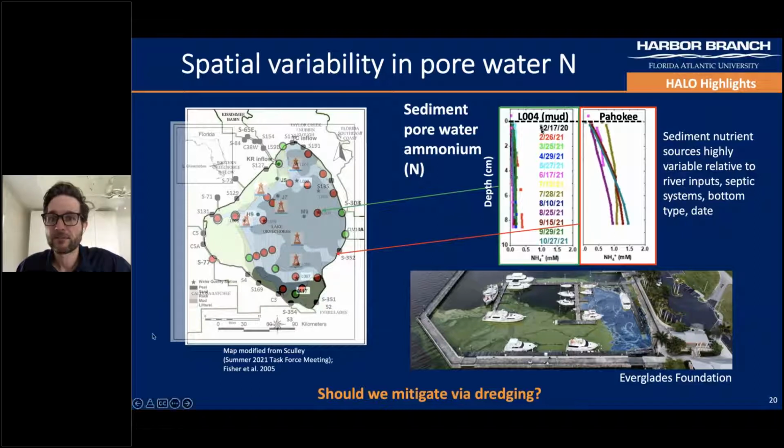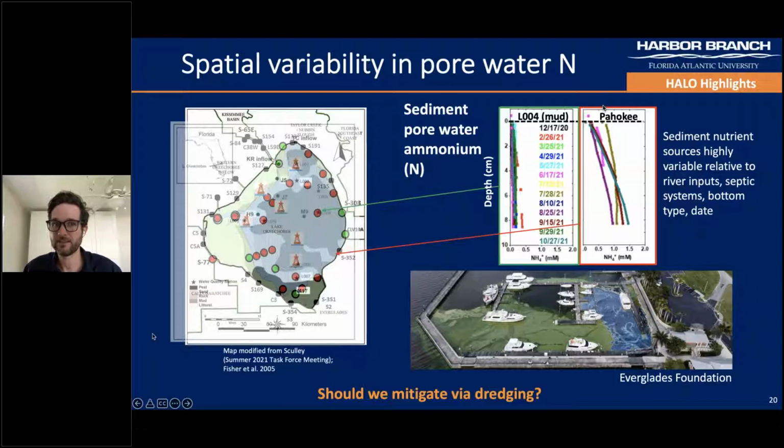At the L004 site, this open water mud bottom site, you don't see nearly as much ammonium accumulating in the sediment profile down to 8 centimeters as you do in this confined Pahokee area. The reason we were initially asked by the district to modify our sampling regimen to take sediment cores from this area is because they were detecting ammonium in the surface water in Pahokee.